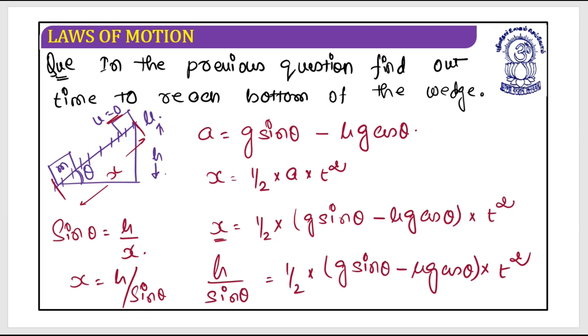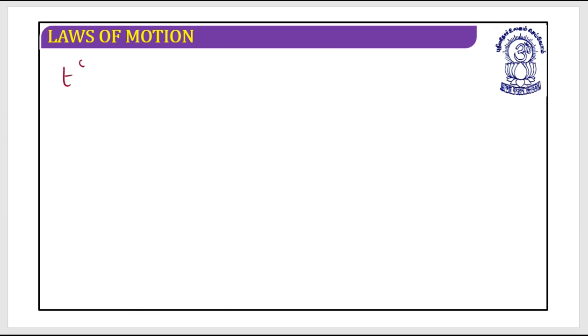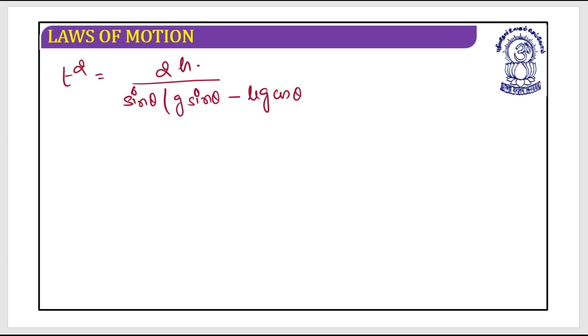That's it. From here you can easily get t square, which equals 2h divided by sin theta multiplied by (g sin theta minus mu g cos theta).